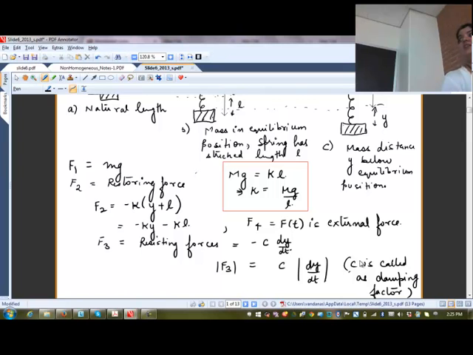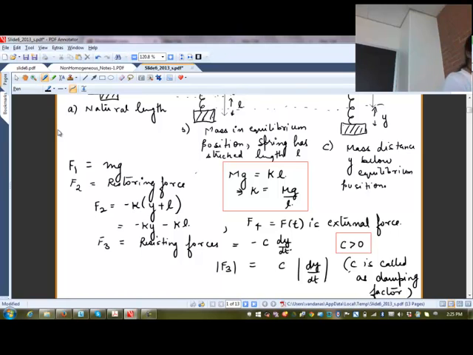C is computed through experimental data, and the unit of C is kept consistent so that C times this results in force units. I won't go into how they compute C, but that is what your resisting force is. We are assuming C to be positive. That is the reason we placed a negative sign here, because it will cause decay in the motion.